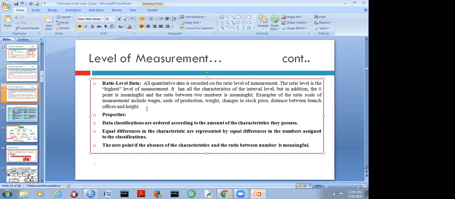बहुत highest level है, बहुत ही complicated data set में ये use होता है ratio level. ठीक है, it has all the characteristics. इसमें सभी characteristics है.